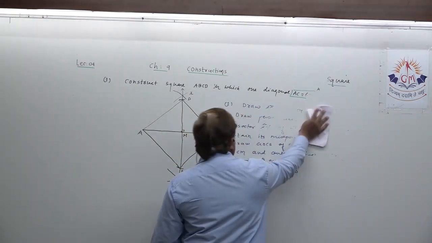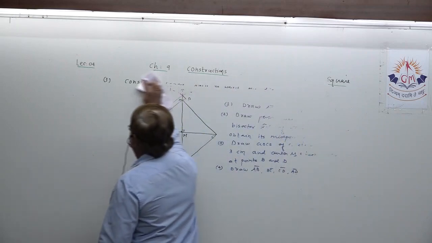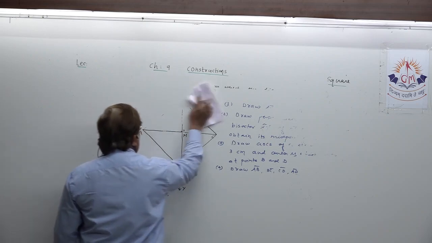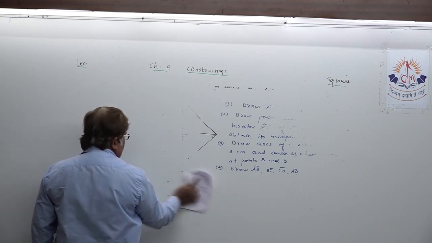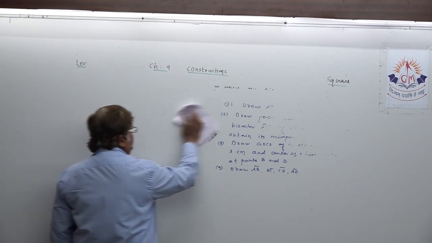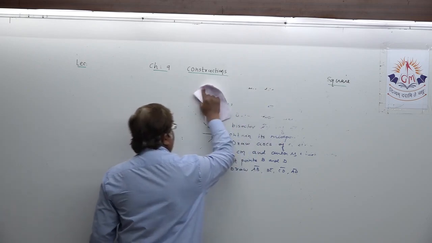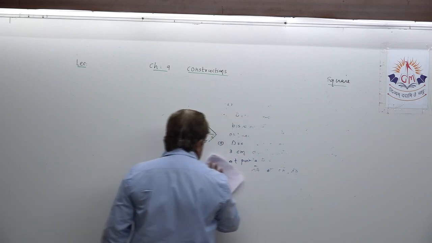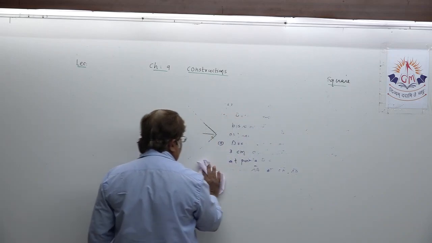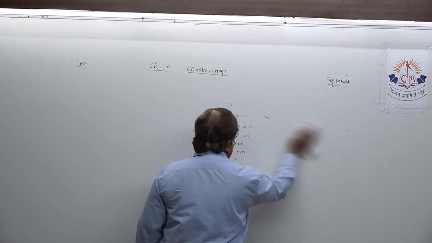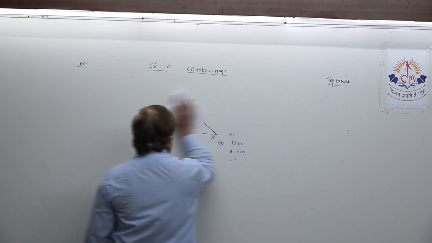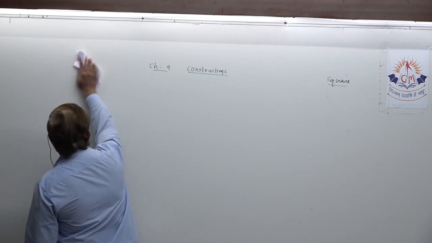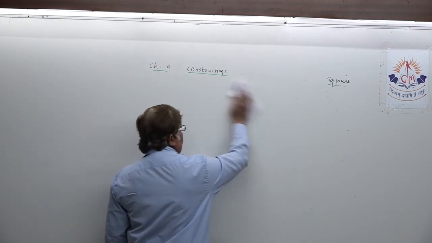Now dear student, we are going to target today construction of the last type of quadrilateral, that is trapezium. Now in today's lecture we are going to target the construction of trapezium, okay? But be very conscious.